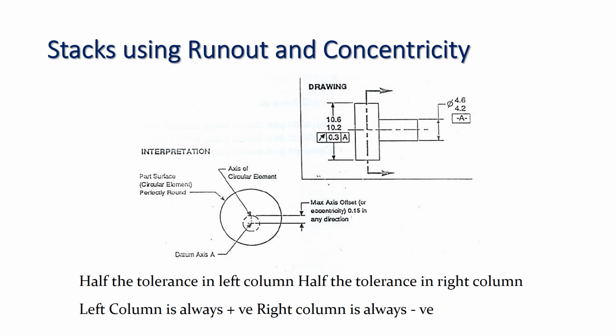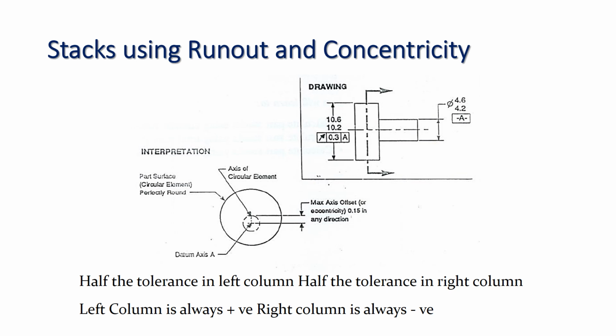So the part surface, a circular element, is perfectly round, assuming that. Half the tolerance in the left column, half the tolerance in the right column. See why we have given this here in this condition. The runout and concentricity has a tolerance of 0.3, and 0.15 in any one direction.